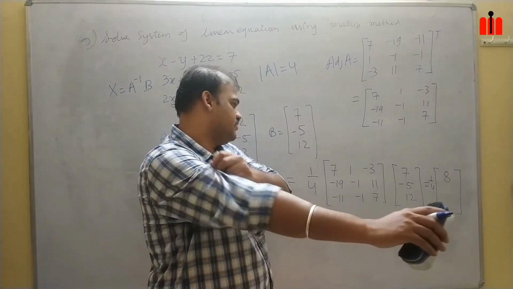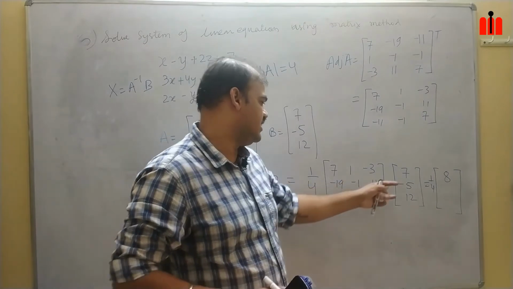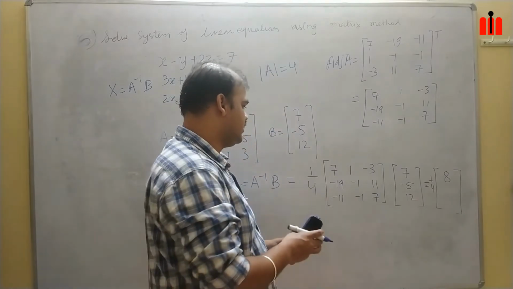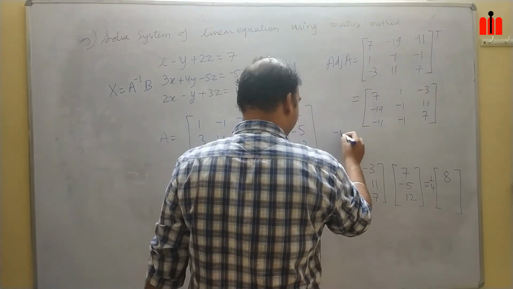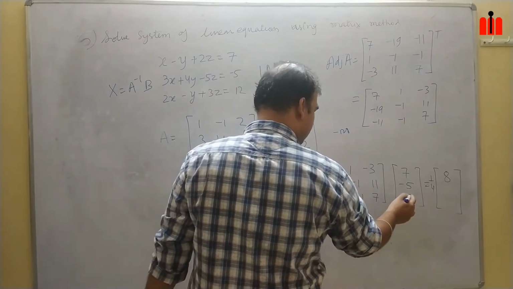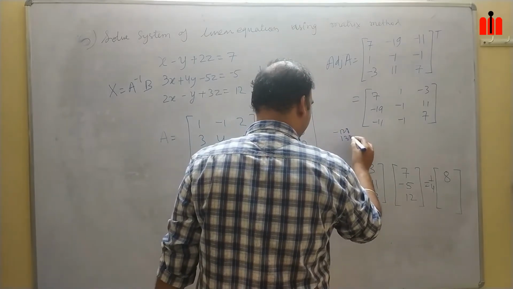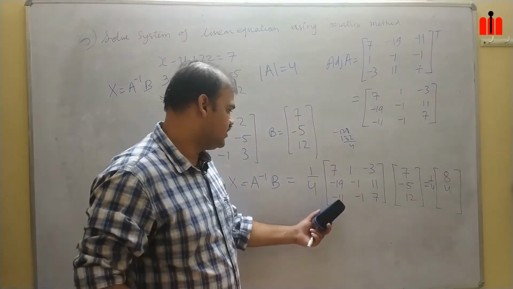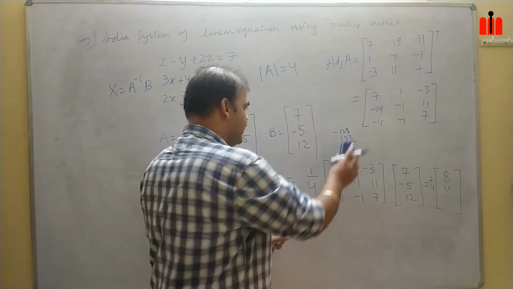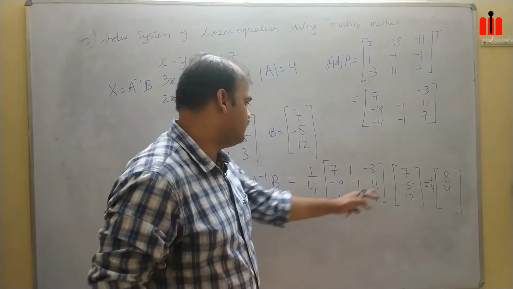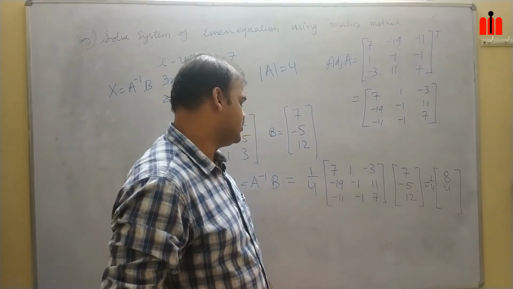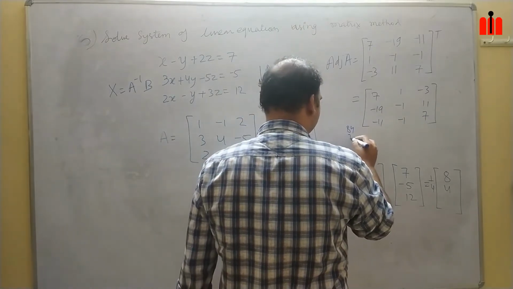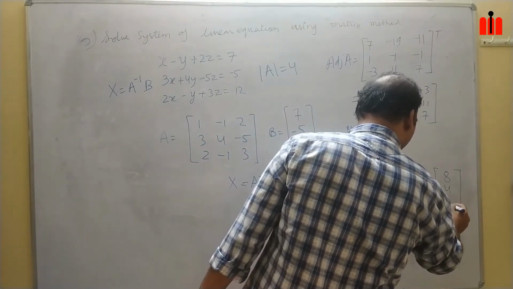Minus 133 plus 5 is minus 128. And after that, 11 into 12 is 132, so it will become 4. So here it is 4. And here it is minus 77. Minus 77 plus 5 is minus 72. 12 7s are 84. 84 minus 72 is 12.